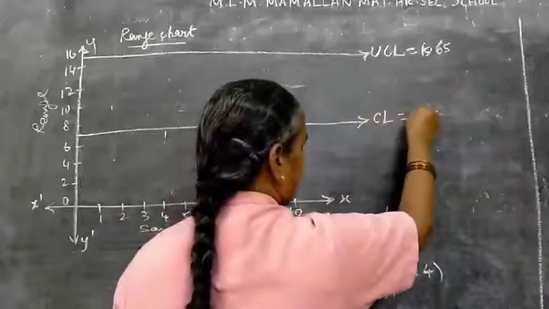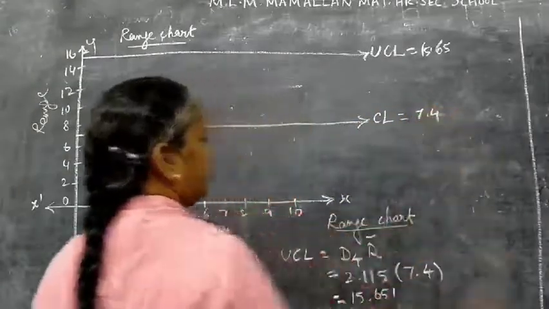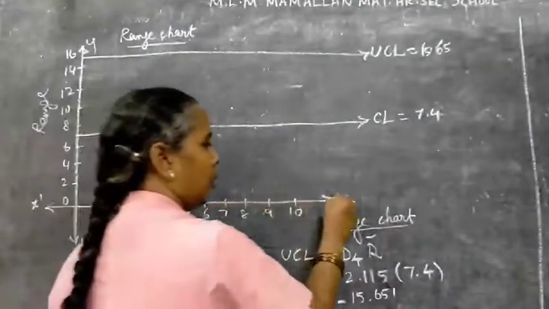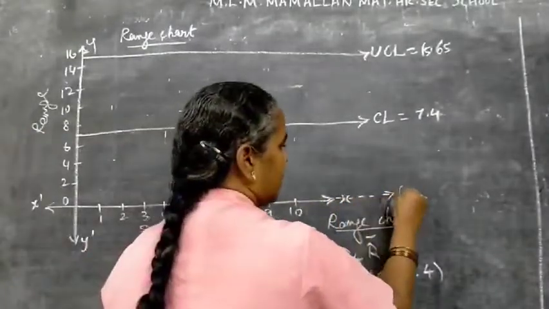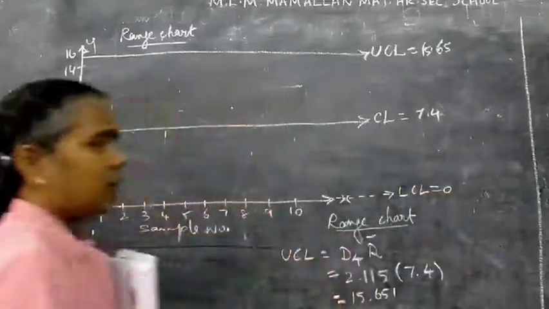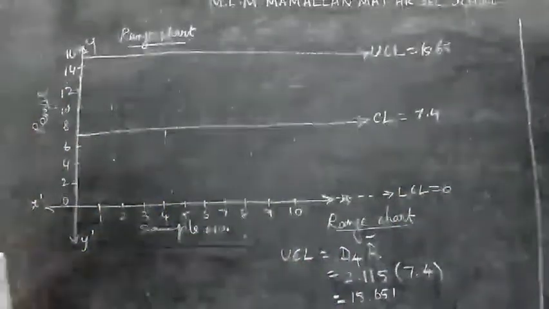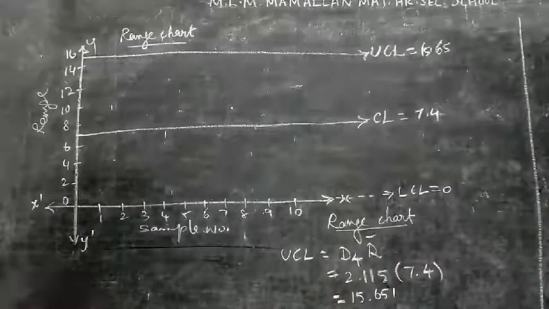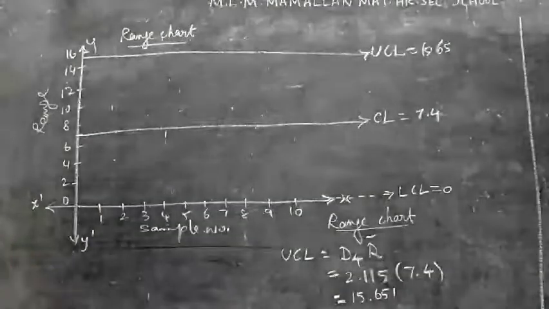Central line is 7.4. Okay, then the lower control limit, we know that this is the x-axis, 0, extended, this is the lower control limit, that is equal to 0. That's all. The x-axis line and lower control limit we have already combined. Now we are going to plot the points by seeing the question.